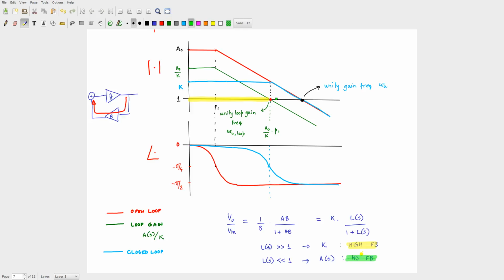So where is that? That is here. And what's happening there in the green region, or actually further even, all of this? What have you seen here? All of this is for the closed loop.